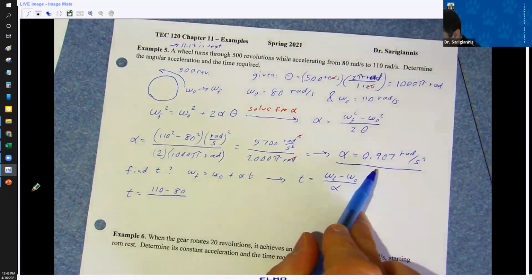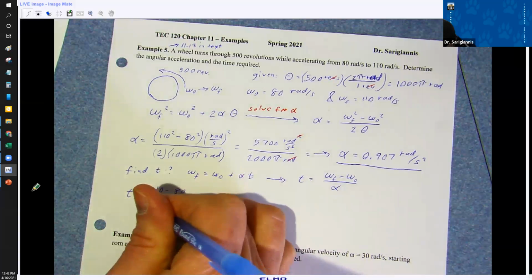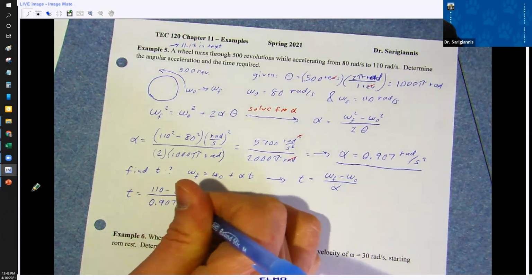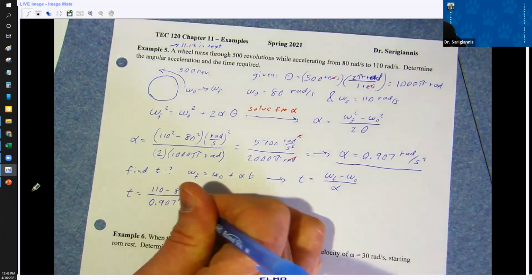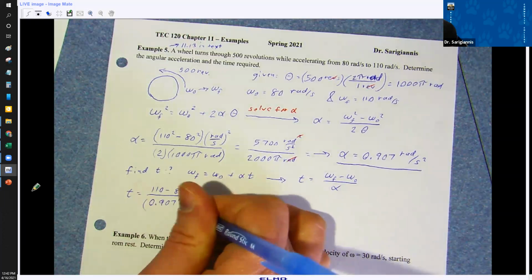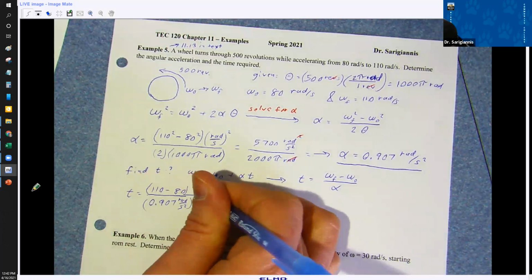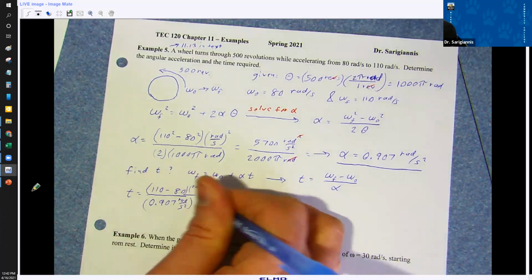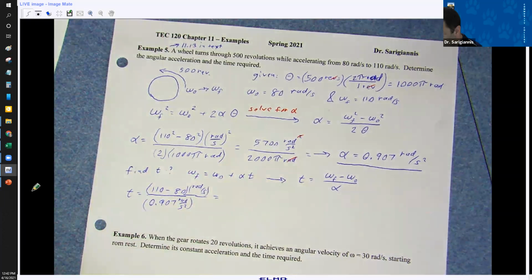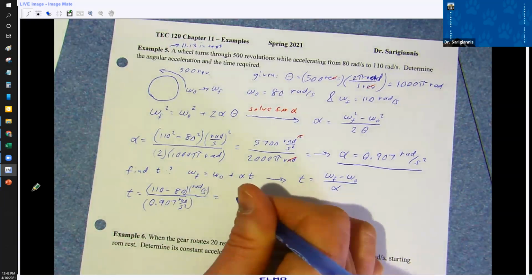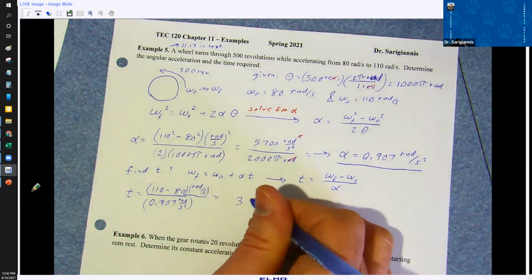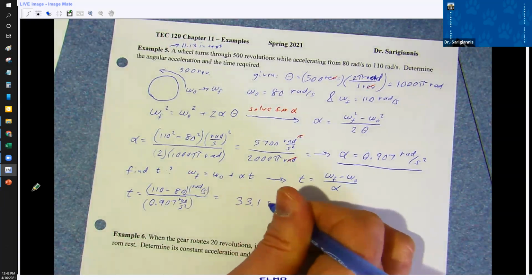We found the angular acceleration up here, 0.907. The units on this are obviously radians per second, so we were given those. And what we find here is 33.1 seconds.